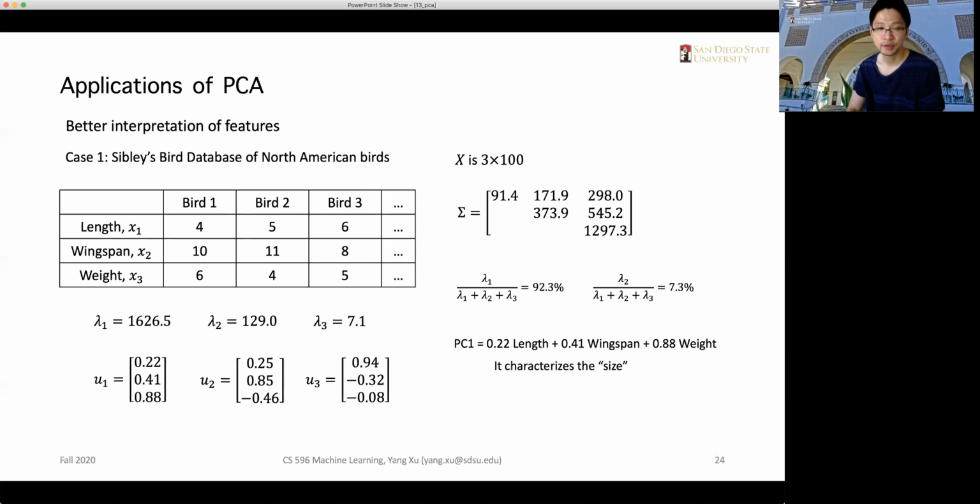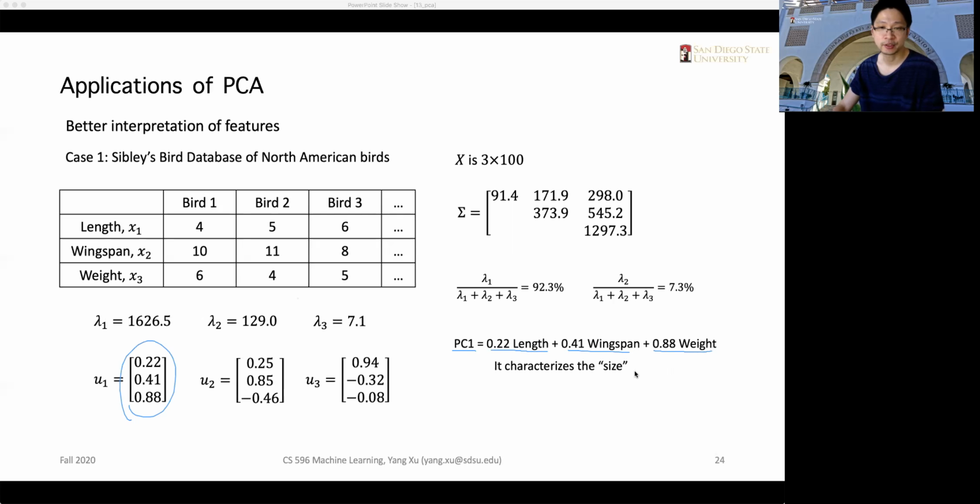So we can basically use the top 2 features to explain the data. And if we look at the first principal component, the eigenvector here tells us that PC1 is 0.22 times length plus 0.41 times wingspan, and 0.88 times weight.